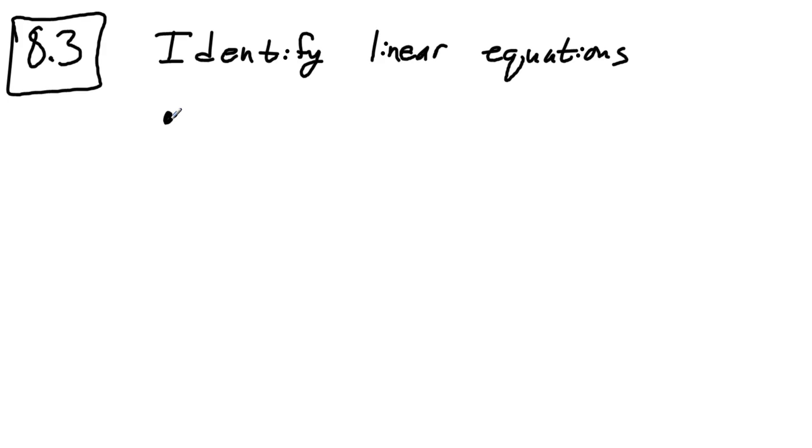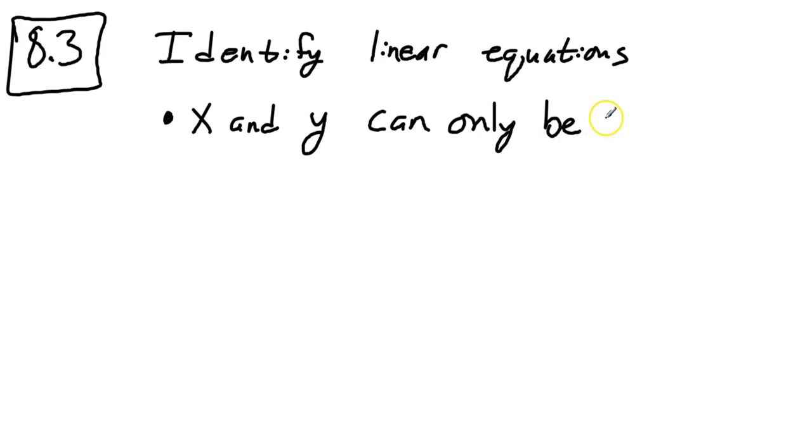For it to be linear equations, x and y can only be to the first power. So if they give you one of these equations and you have x squared or you have y squared, it's not linear.